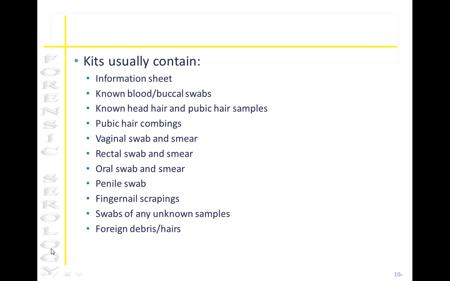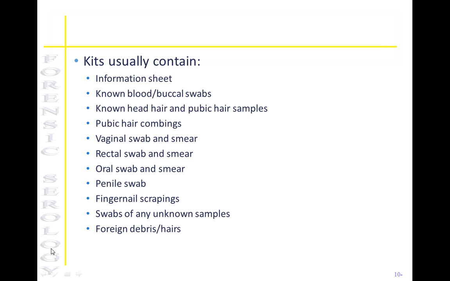There may also be a penile swab, and in most instances fingernail scrapings are also collected, and then other containers that the analyst or the nurse in the hospital room doing the exam may use for any other swabs of unknown samples or for the collection of any other foreign debris and hairs.